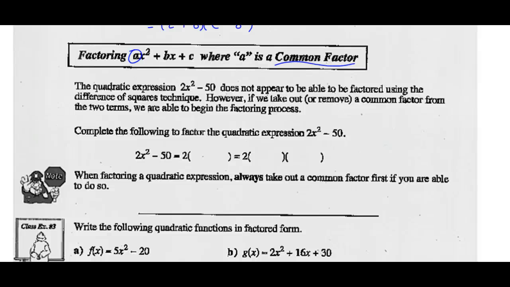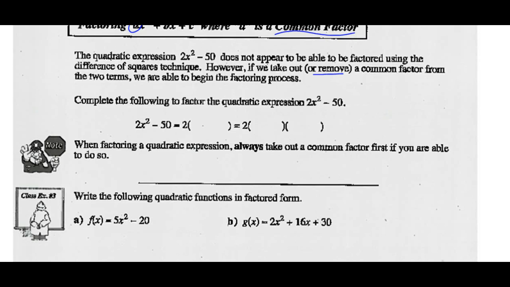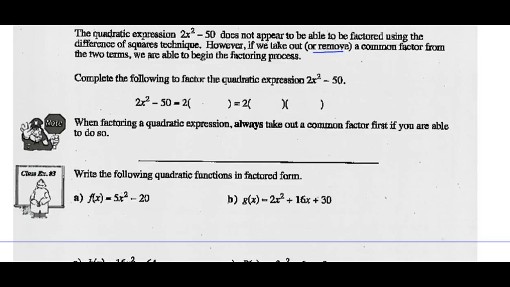However, if we take out or remove a common factor from the original expression, we're going to be able to factor this. So 2x squared minus 50, if I factor out a 2, that means I'm going to divide both those terms by 2. 2x squared divided by 2 is 1x squared, and negative 50 divided by 2 is minus 25. Aha! Now in brackets, x squared minus 25, those are both perfect squares.